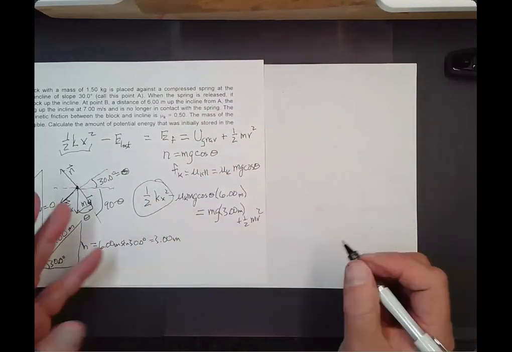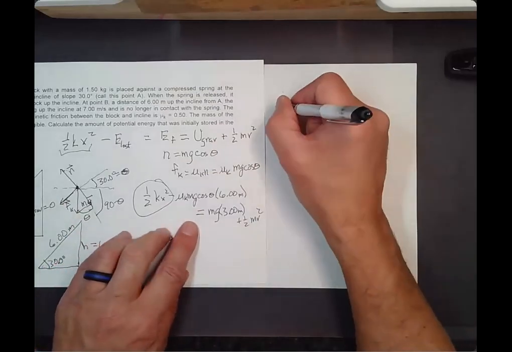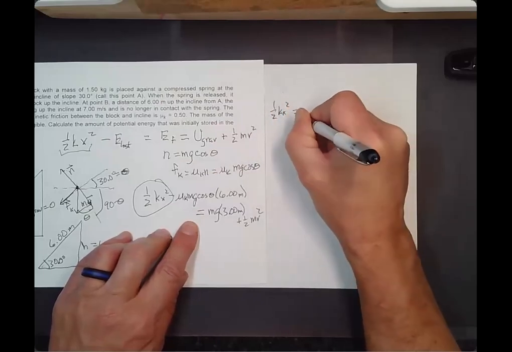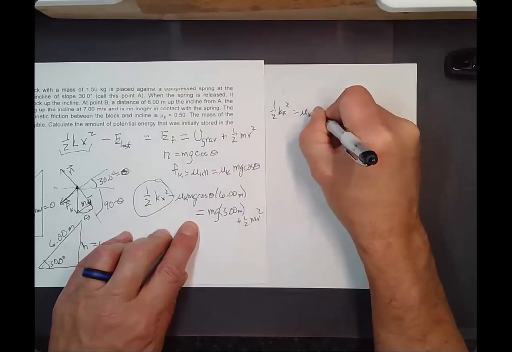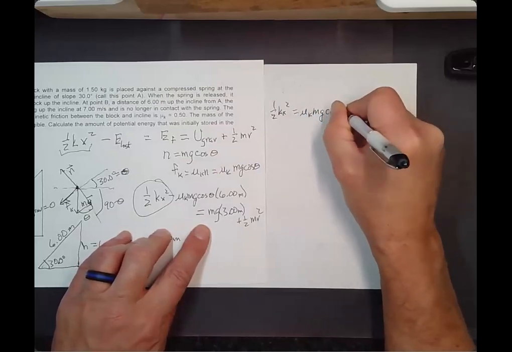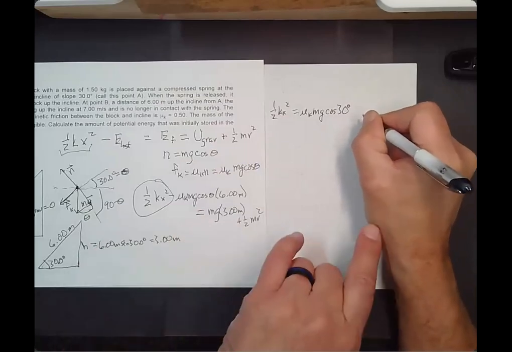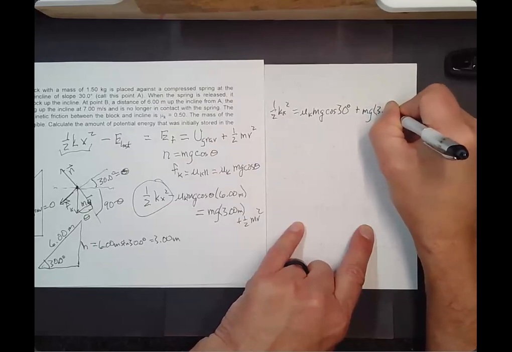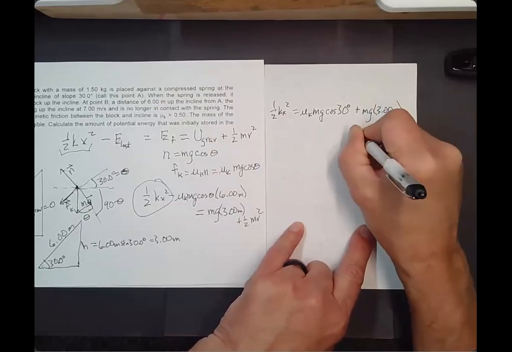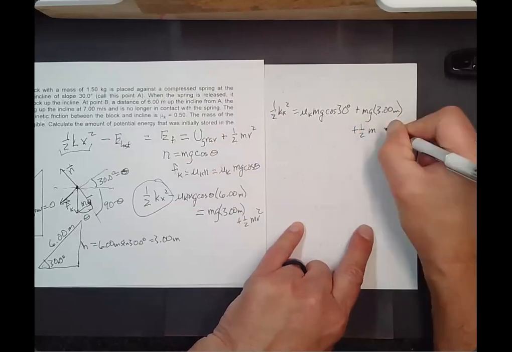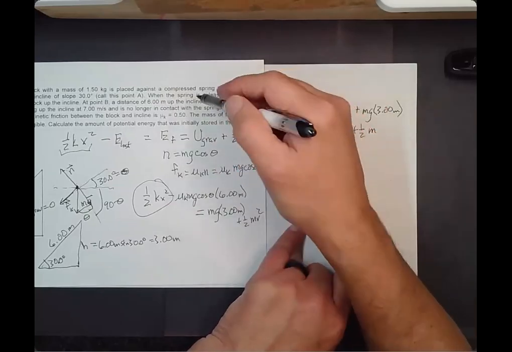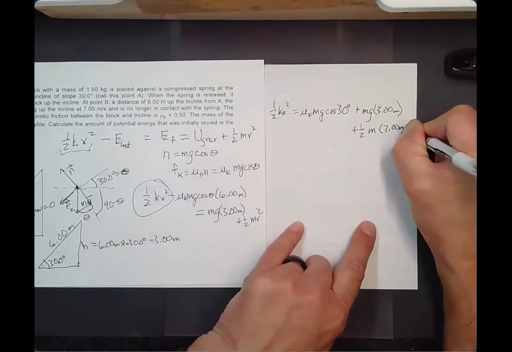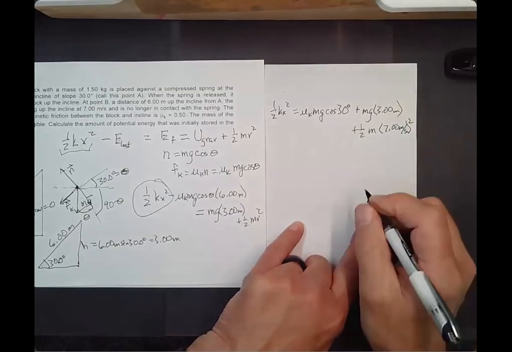I don't have to do too much rearranging, but I'll have that 1/2 kx squared will equal mu sub k mg cos 30 degrees plus mg times 3.00 meters plus 1/2 times m times v, which is 7 meters per second, and we square that.